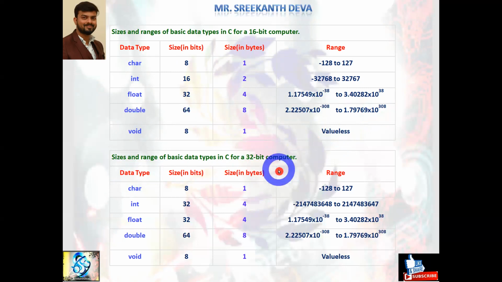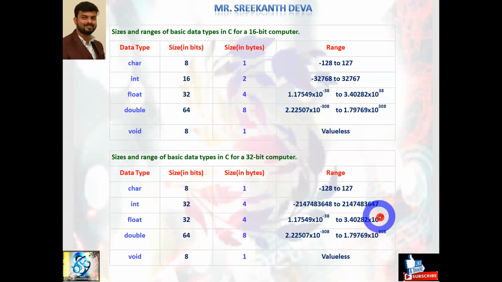Similarly, if you go with the sizes and ranges of basic data types in C for a 32-bit computer machine, just observe that character occupies 8 bits, 1 byte of memory, and the range is minus 128 to 127. If you go with the integral type, in a 16-bit computer machine it allocates 16 bits, meaning 2 bytes of memory. But coming to 32-bit computers, it allocates 32 bits, meaning 4 bytes of memory. Size varies between 16-bit computer machines and 32-bit computers, 4 bytes of memory, right?